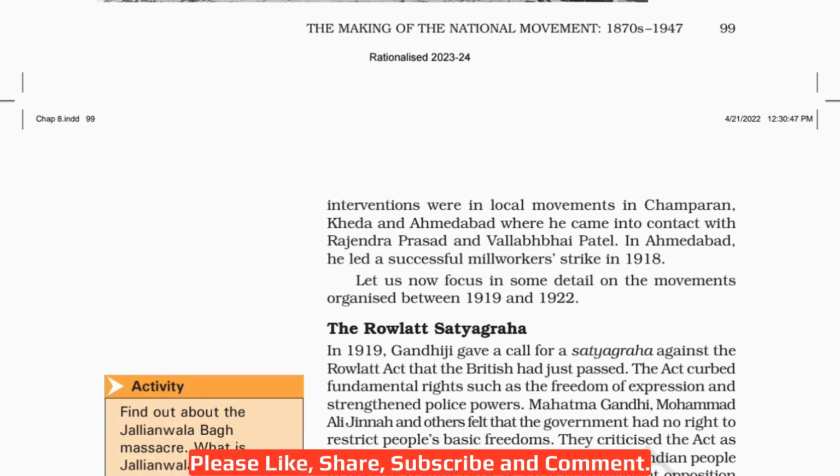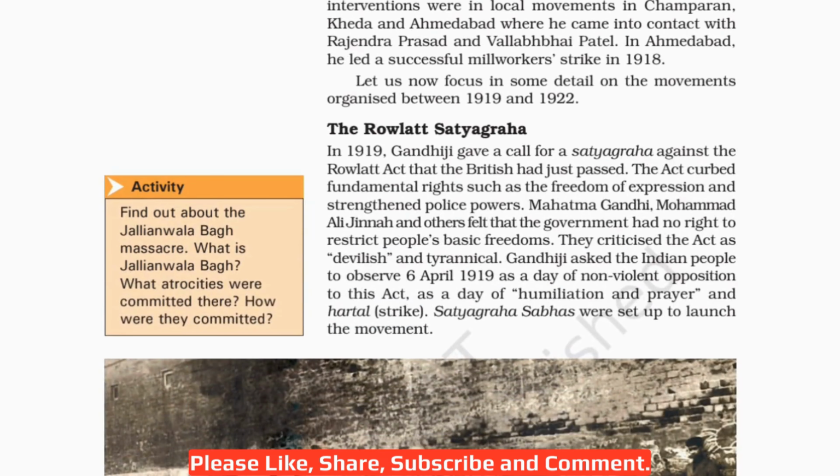Now, let us focus on some details of the movements organized between 1919 and 1922. We are talking now about the Rowlatt Satyagraha in 1919. What is this Rowlatt Satyagraha about? It allowed the government to arrest people without a warrant and hold them without trial for up to 2 years.